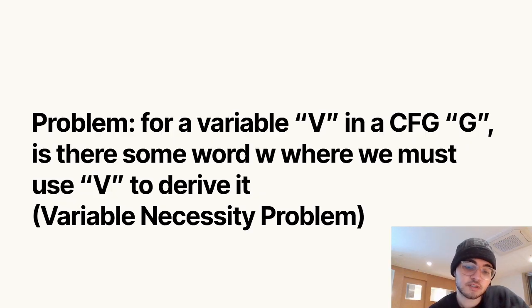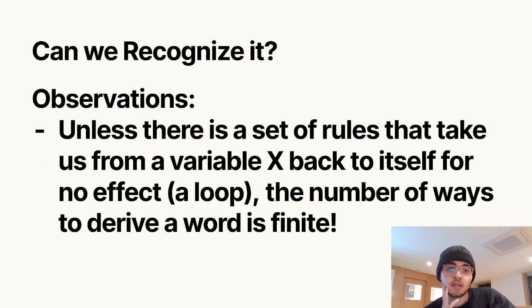But CFG first. Unless there is some loop, let's say we start at a variable x, and then we go back to x without making any effect in the string, we would have an infinite number of ways to derive a specific word, because we can loop however many times we want and there's no effect.